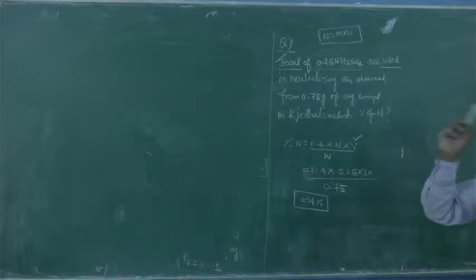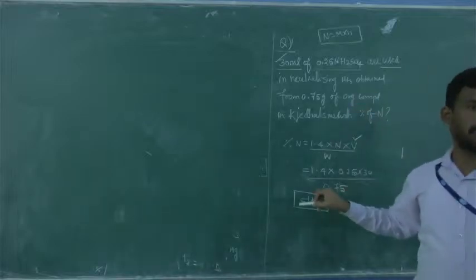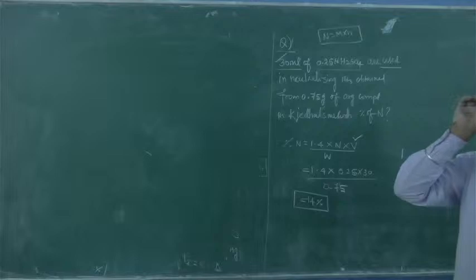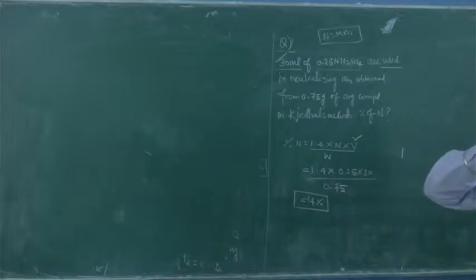Okay, so suppose in this formula, listen carefully. Suppose if base information is not given, then straight away you can use this formula: 1.4 into normality of sulfuric acid and volume of sulfuric acid that is used.